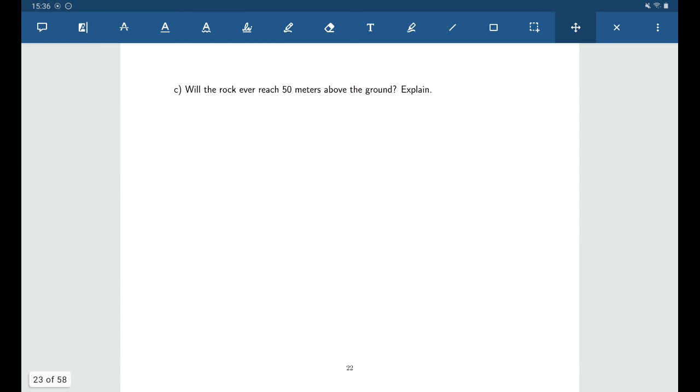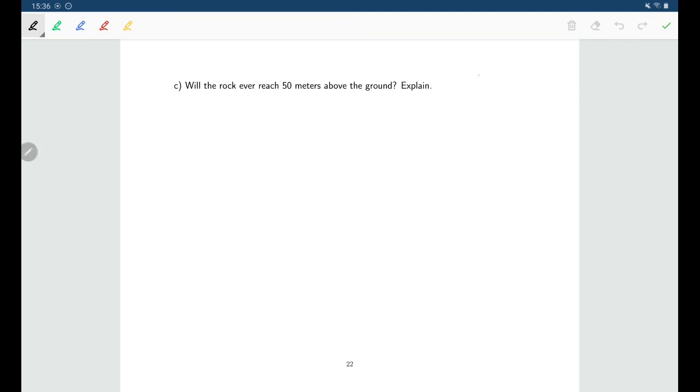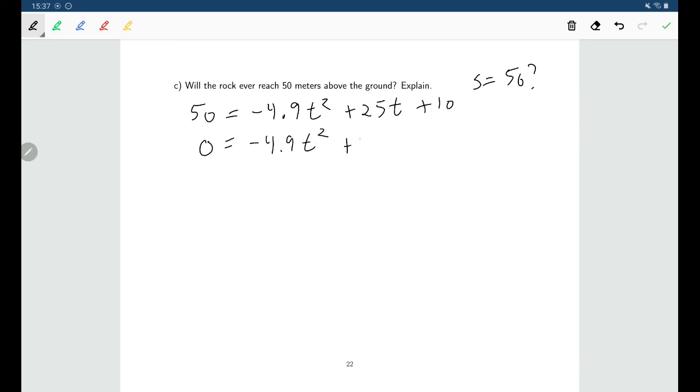All right, one last example. Does the rock ever reach 50 meters above the ground? So in other words, can s ever be equal to 50? If we tried to solve this problem, first bringing the 50 to the other side, I'll do the same thing that I did before, which is to find my discriminant, b squared minus 4ac.